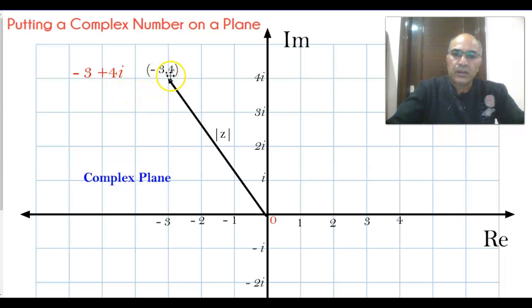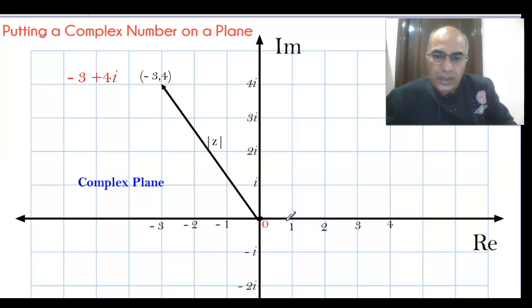One, by this point minus 3 comma 4 in this plane, and secondly by this vector which starts from origin up to this point minus 3 comma 4, and length of this vector or this line segment is modulus of z, mod of minus 3 plus 4 iota.